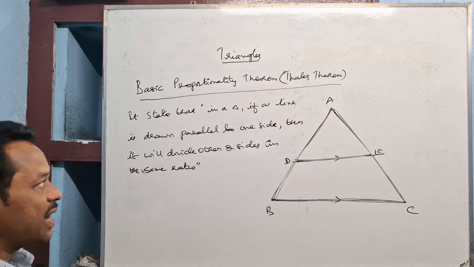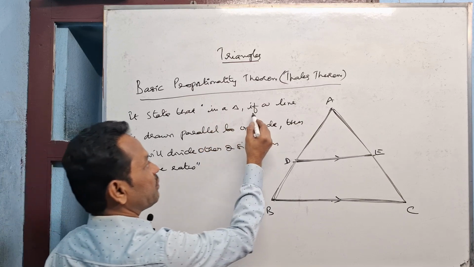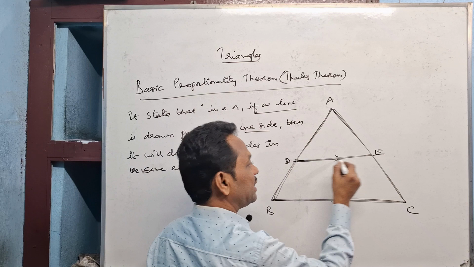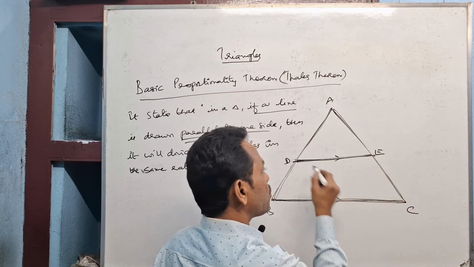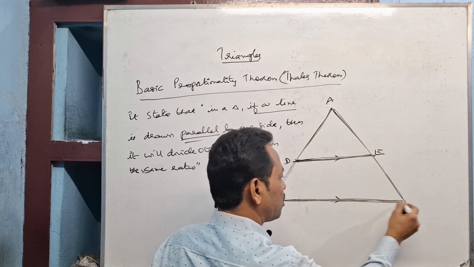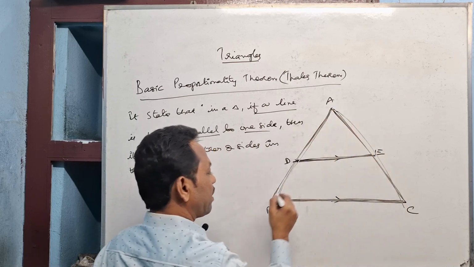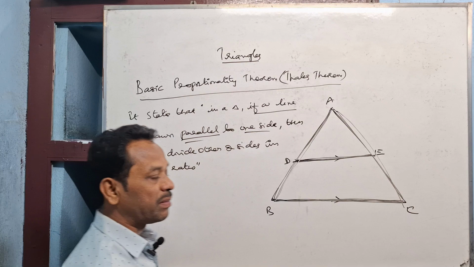So this theorem says that in a triangle, if a line is drawn parallel to one side, so here let us take DE parallel to BC. So as this line is parallel to BC, then it will divide other two sides, that is AB and AC in the same ratio.